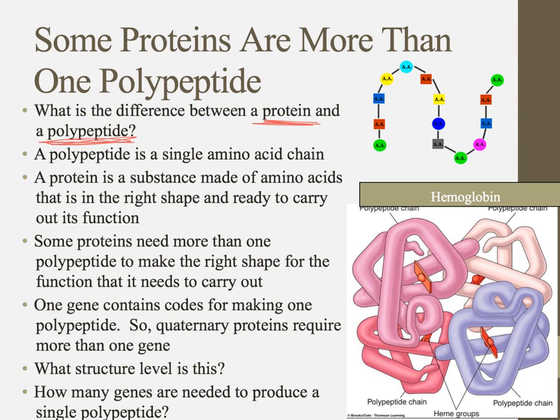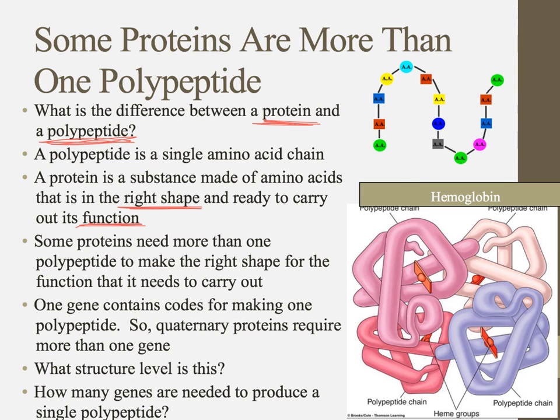A polypeptide is just a chain of amino acids. Okay, it's the sequence of amino acids as coded for in your DNA. Something is not a protein until its polypeptide chain has been folded into the correct shape and it's ready to carry out its function.